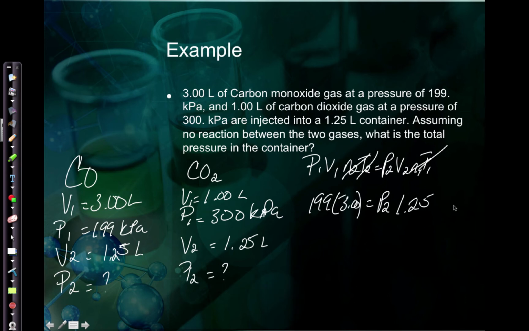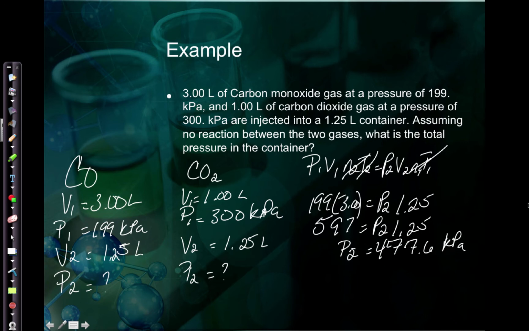All right, so if I go through this, do my calculations, 597, that's equal to P2 times 1.25. So P2 is equal to 477.6 kilopascals. All right, so now that is just the pressure of carbon monoxide.